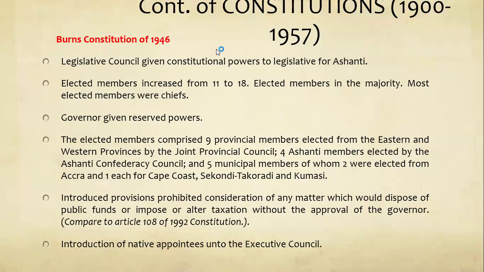But the 1946 Constitution did not only introduce representative government, it also ensured an African majority in the legislative council, into the legislature, as it were.